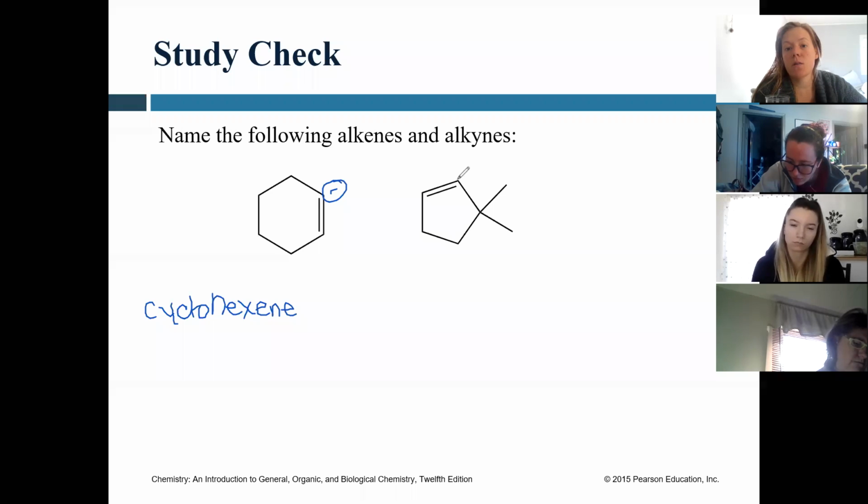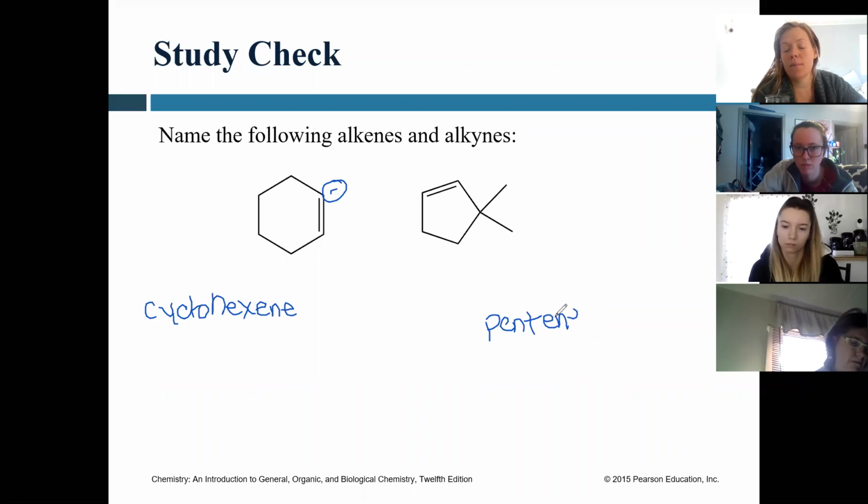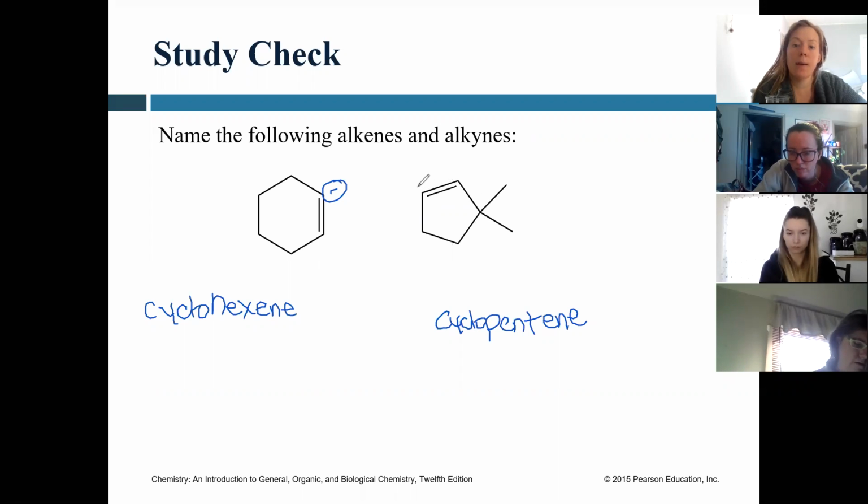This one over here, 1, 2, 3, 4, 5 carbons, so it's pent. Double bond, so that's going to be the ENE, and it's in a circle, so cyclo. Now I don't have to say that it's on carbon 1. We're just going to assume that it's carbon 1, and I'm going to put, this is carbon 1, this is carbon 2, this is 3, 4, 5.